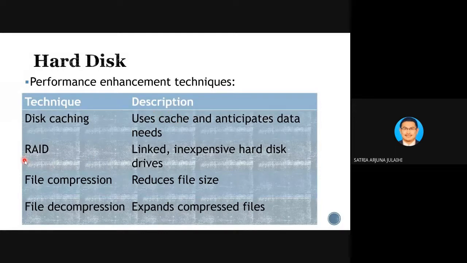And there is RAID, which uses special drives to make reading and writing faster. File compression reduces the file size so that files that are not always used will be reduced in size, and also the file decompression.